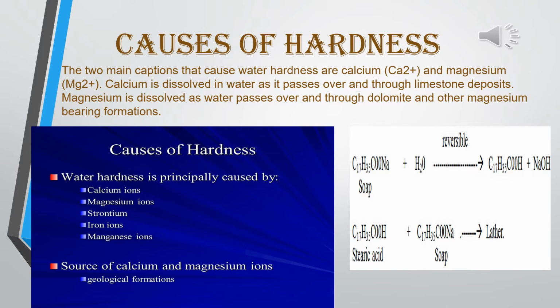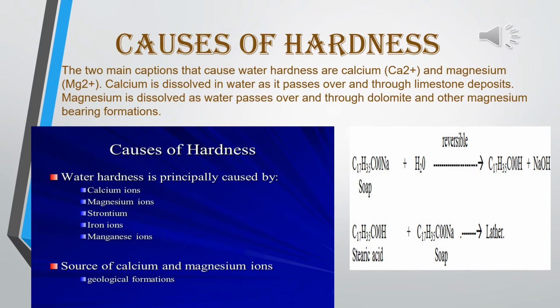So causes of hardness: the two main cations that cause water hardness are calcium and magnesium ions. Calcium is dissolved in water as it passes over and through limestone deposits. Magnesium is dissolved as water passes over and through dolomite and other magnesium-bearing formations.